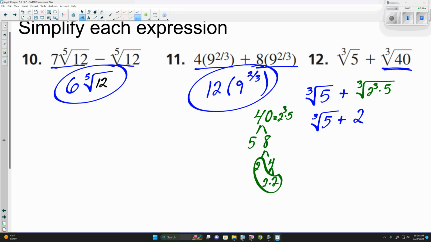Because when the exponent and the number in the index are the same, they simplify out. But this is still being multiplied by the cubed root of 5. So what is the cubed root of 5 plus 2 times the cubed root of 5? And that's it.